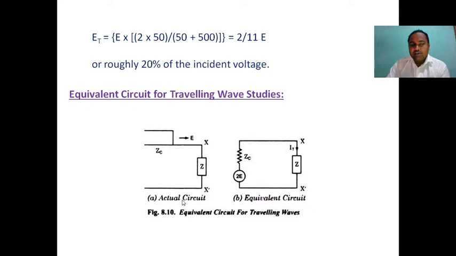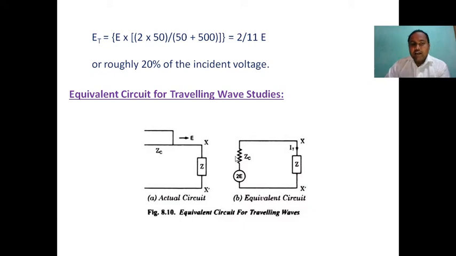The actual circuit consists of incident voltage E, characteristic impedance ZC, and the load impedance Z, having two terminals X and X dash. That is the actual circuit. How can you draw the equivalent circuit from the actual circuit?